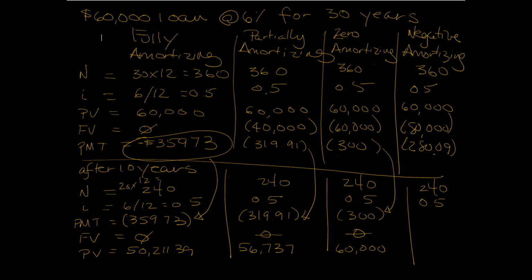Again, we're solving for the present value of the remaining 20 years of payments. So for the partially amortizing loan, the balance after 10 years is $56,737. For the 0 amortizing loan, it's $60,000. And for the negative amortizing loan, it's $63,263.